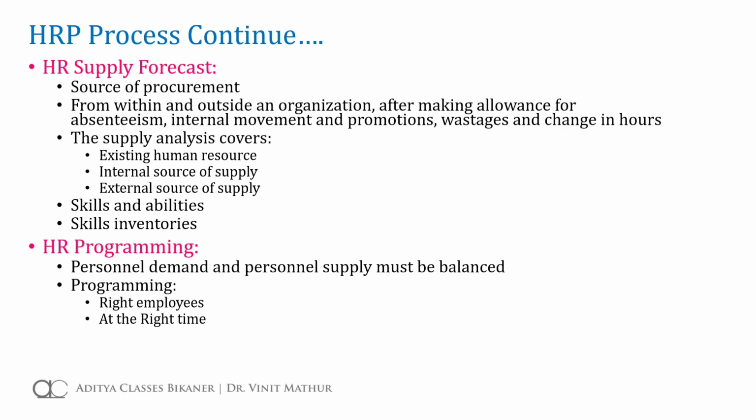We must be aware about the number of existing human resources, internal sources of supply by transfers and promotions, and external sources of supply like competitors and universities and different colleges. What kind of skills and abilities are there in the new hires? Skill inventories, like we must be aware about how many MBA colleges are there, how many medical colleges are there, how many other engineering colleges are there of our field, in which field we are.